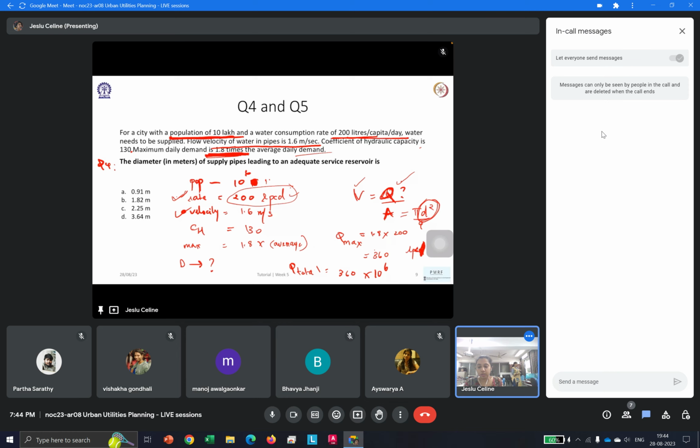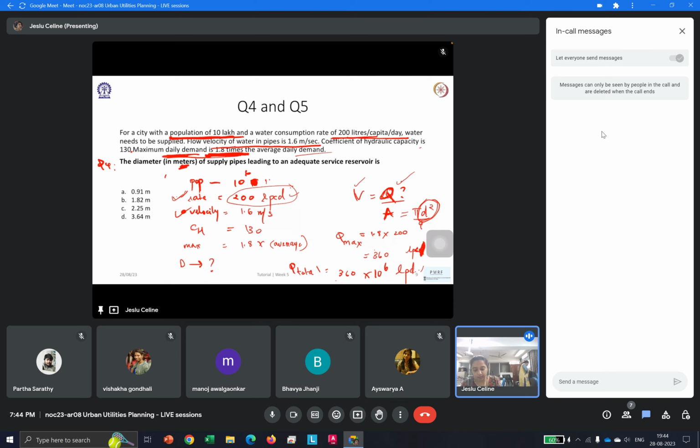So this is liters per day. The maximum daily demand in one day will be 360 into 10 raised to 6. Now this one is in LPCD, but in order to use the formula we need to find it in meters, so let's convert it into meter cube per second.